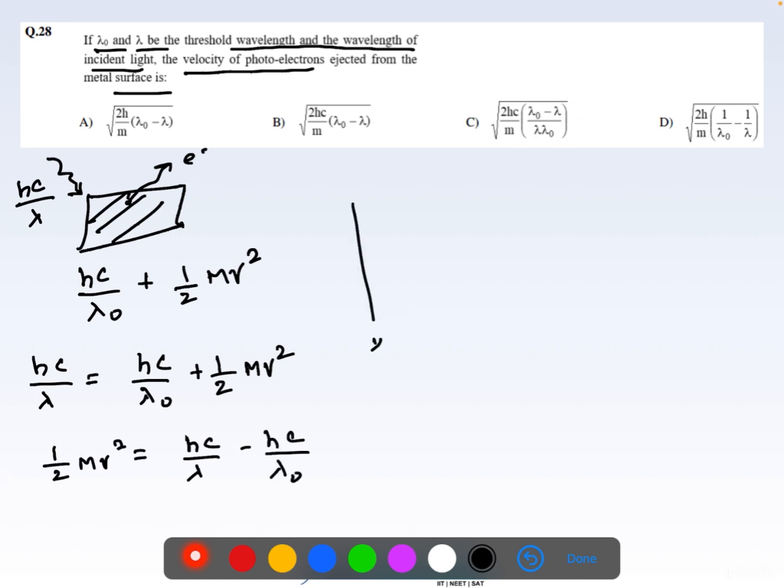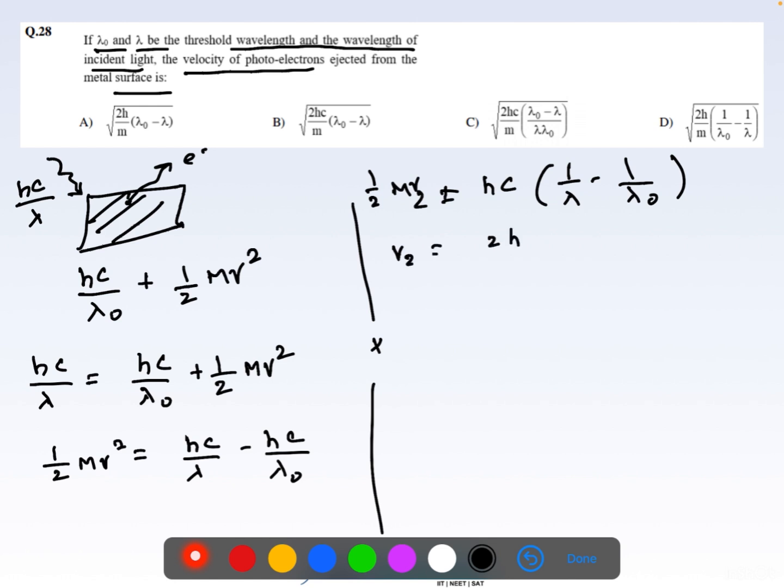Now I take hc common, I get hc into 1 by lambda minus 1 by lambda naught is equal to 1 by 2 mv square, and v square will be equal to 2hc divided by m, and I will write this as lambda naught minus lambda divided by lambda into lambda naught.